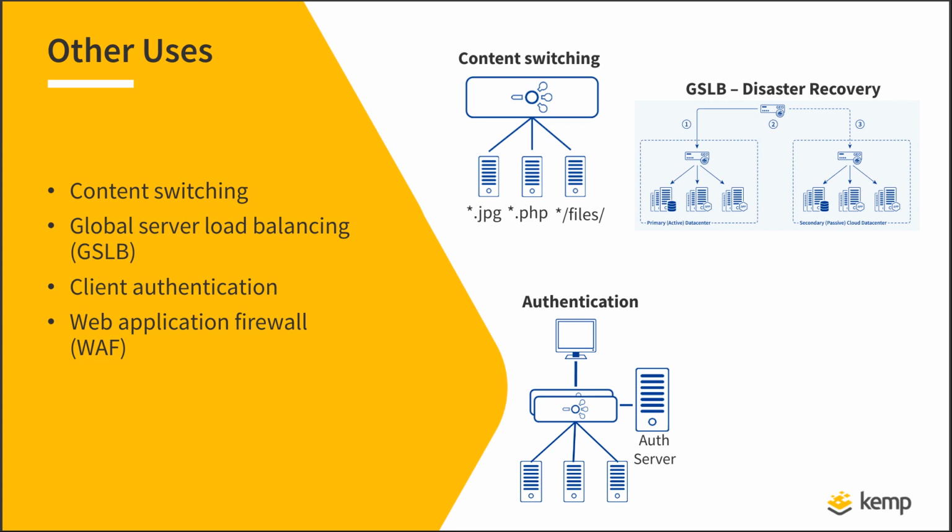Another example is doing single sign-on, where you can do single sign-on to multiple applications to an authentication server. And the load balancer, because it's acting as that reverse proxy, as that first point of connection to those real servers behind it, has the capability to do that authentication beforehand. So this is something that you might see in various load balancing technologies.